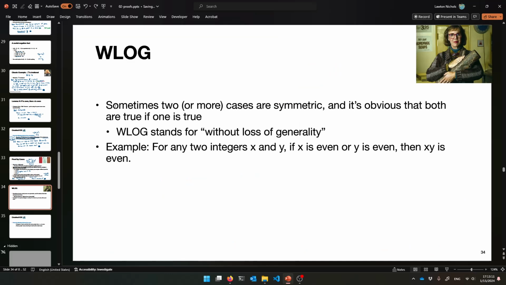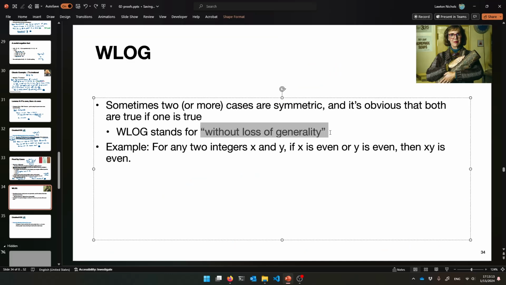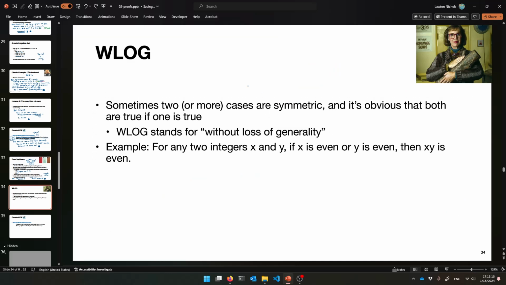It stands for without loss of generality, okay? Because sometimes you've got a proof that splits up into cases. Maybe you've got multiple cases, at least 2, could be 3, 5, whatever. But you've got a proof with cases, and this case, the proof looks like this. I'll draw a picture of a person.